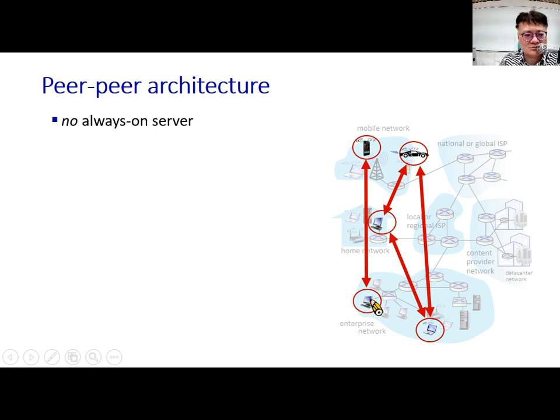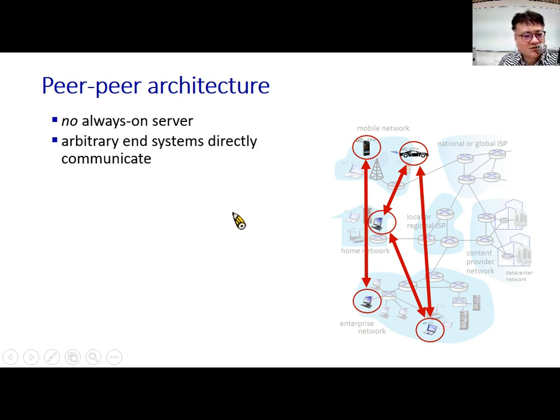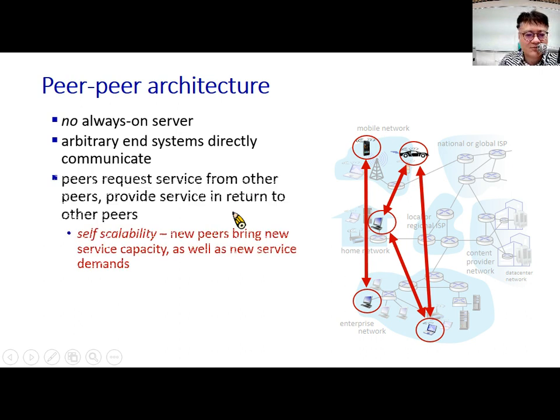A peer-to-peer architecture has no always-on server, and arbitrary end systems communicate directly. A peer requests service from another peer and provides service in return to the other.